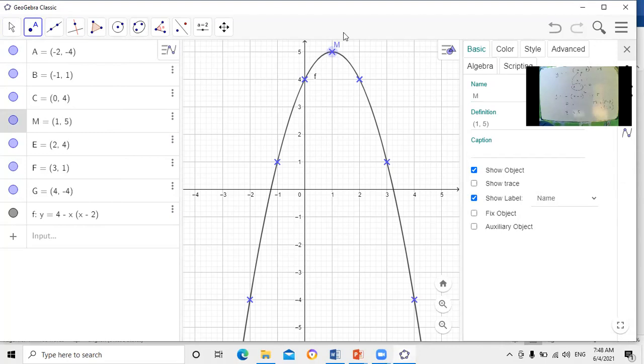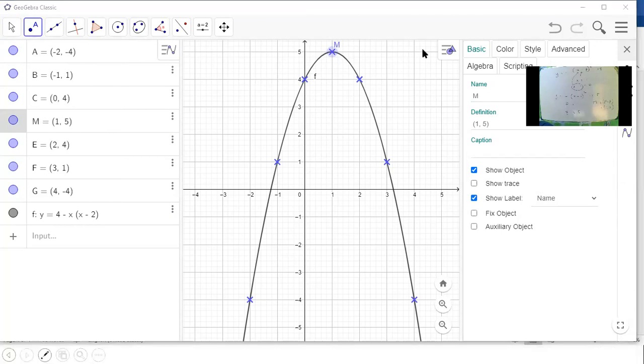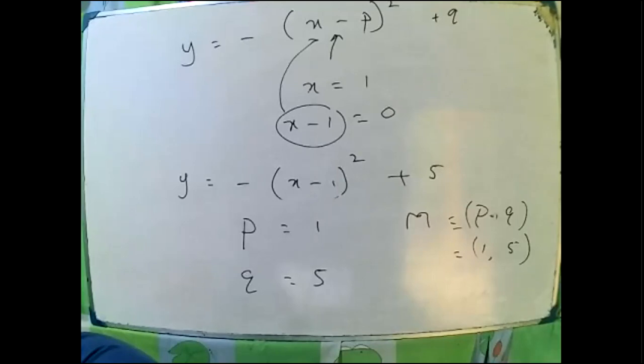Now you can see here, I marked that point. So here is the point M, because x coordinate 1, y coordinate 5, right? So you have to mark that point as M, okay? Only thing is you have to find the point like this, right?